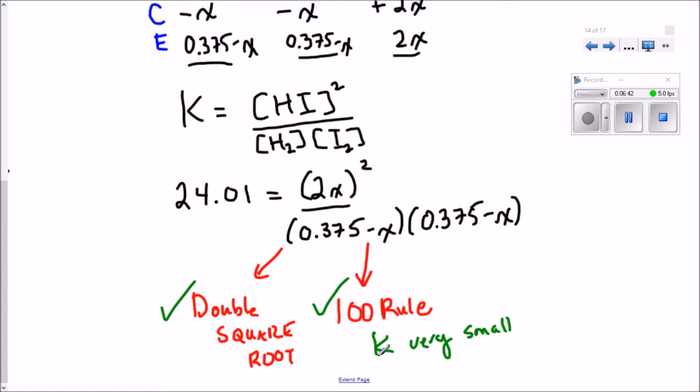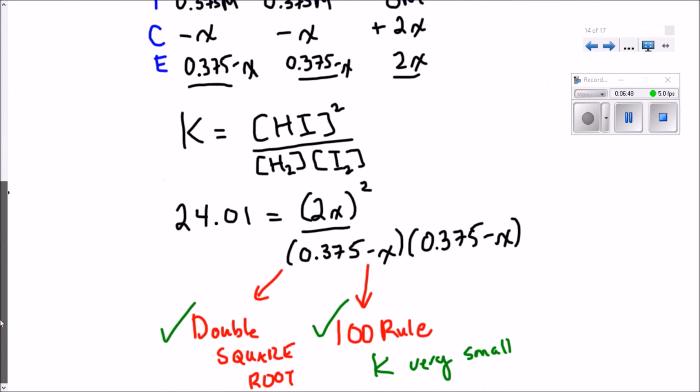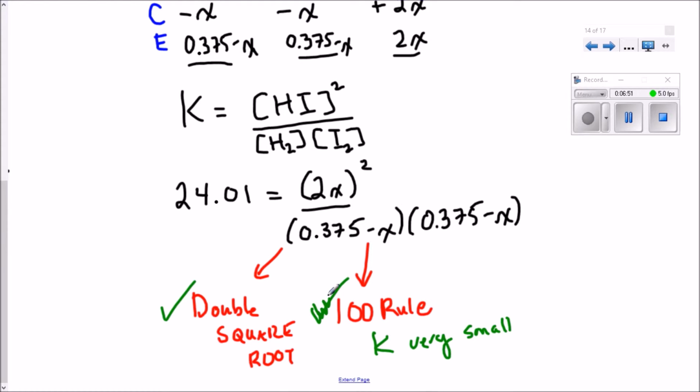Here k is equal to 24.01, and I'm actually not sure I can use the 100 rule because k is not that small. If k was like 1 times 10 to the negative 8, then we could use the 100 rule. We'll maybe show you an example in class, but we definitely can use the double square root method here.